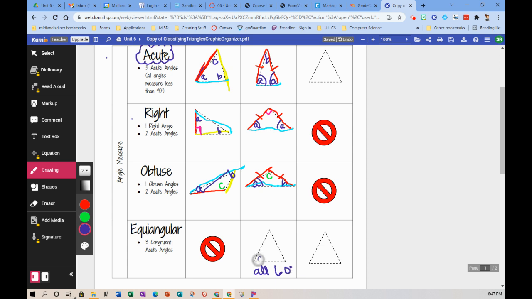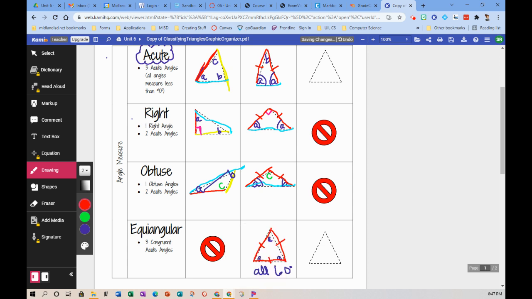So A is 60 degrees, A is 60 degrees, and A is 60 degrees. And they're all the same length. So this would be the same as this side, which makes it isosceles. But then we have a third side that's also equal. Because we have three equal angles, that makes them all equiangular.